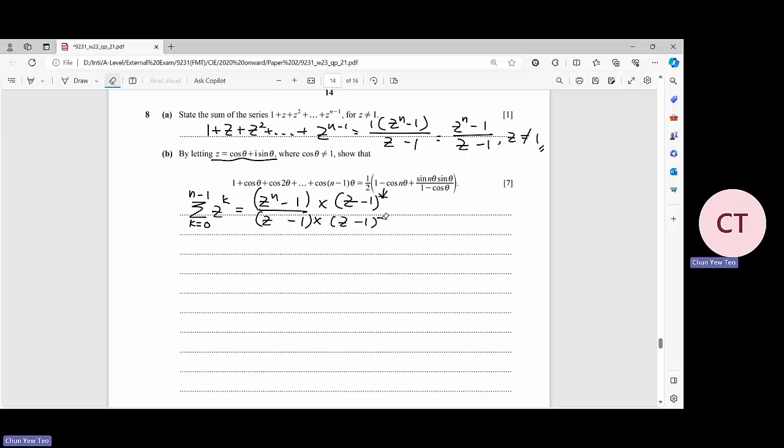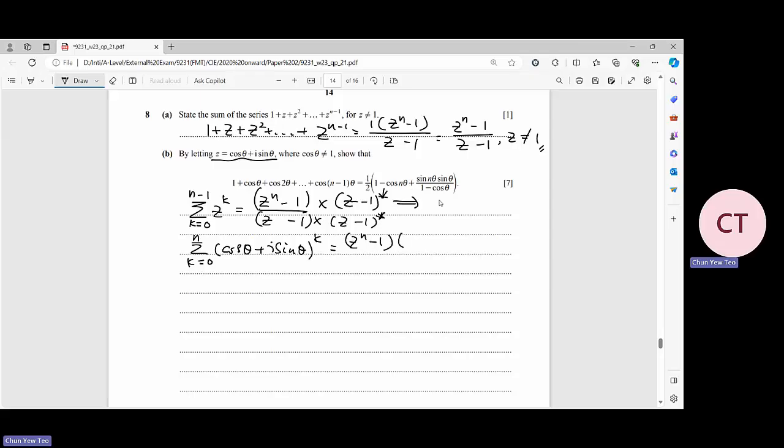So over here, we will just apply the property of the conjugate, z minus 1 conjugate. On the left-hand side, now I can write z as cos theta plus i sin theta. My right-hand side, my numerator, I will remain unchanged.